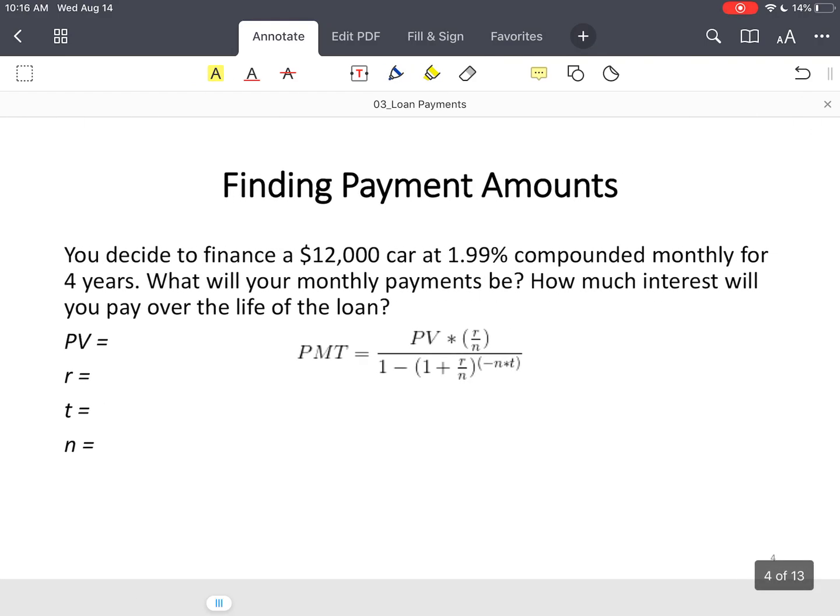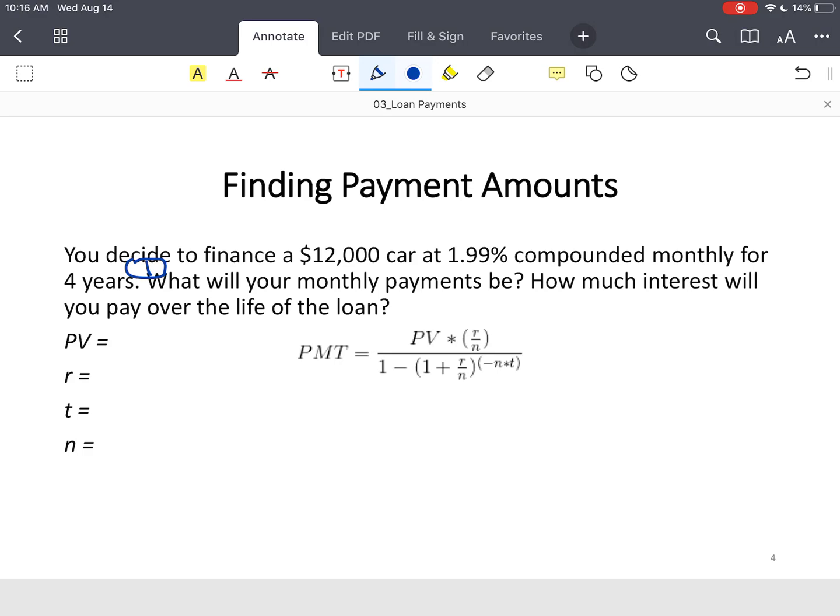We want to buy a nice little car. It's $12,000 at 1.99% compounded monthly, with a 4-year term. We want to answer two questions now. First question: when you go out and buy a car, particularly if you're financing, don't always get caught asking yourself how much the monthly payment is.